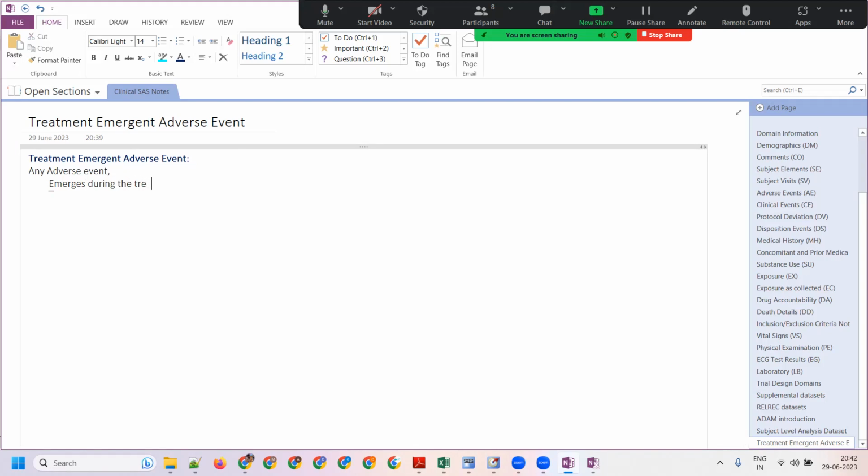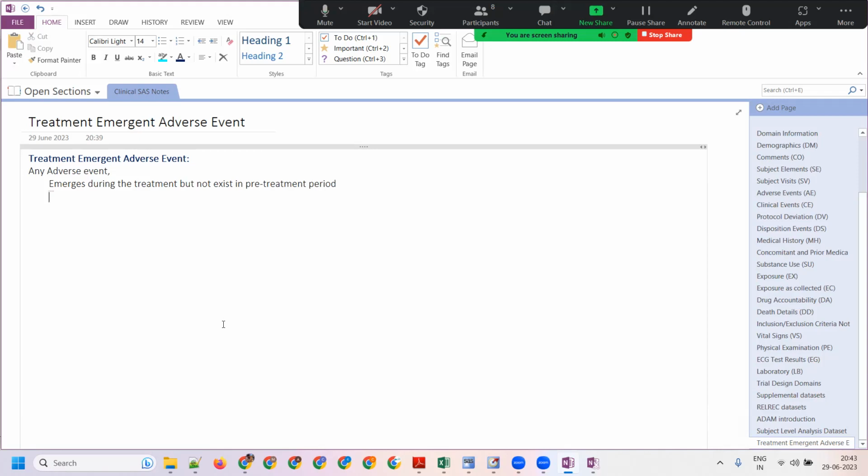During the treatment, but did not exist in the pre-treatment period. Can I call this? What is the meaning of this, guys? Can anyone tell me? So that adverse event was not there prior to the treatment. Exactly. It occurred after the treatment.